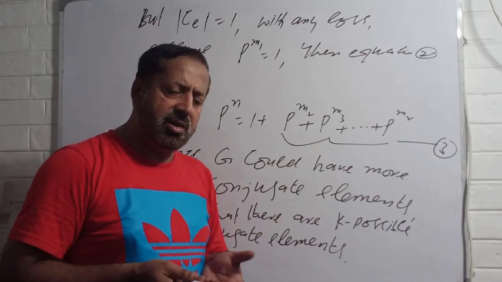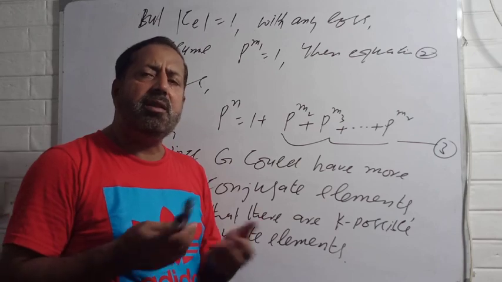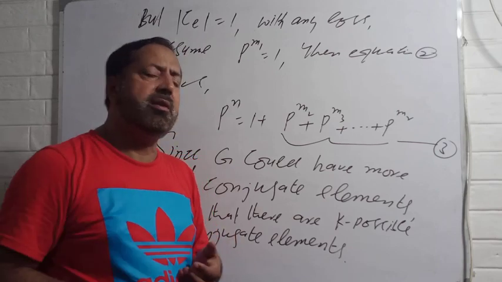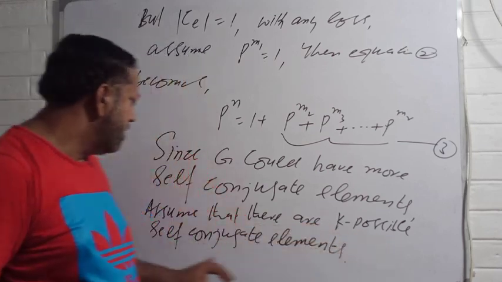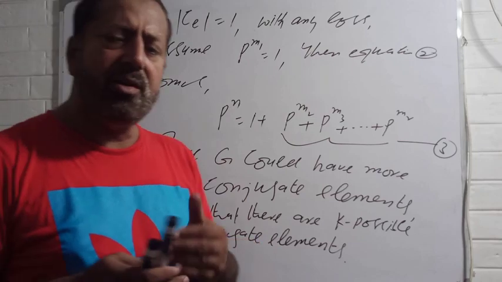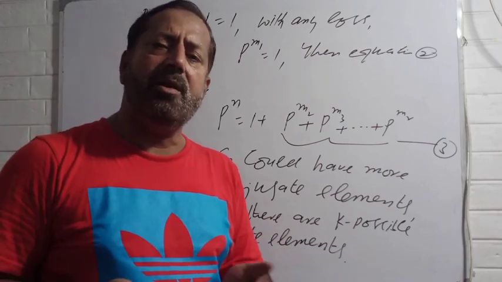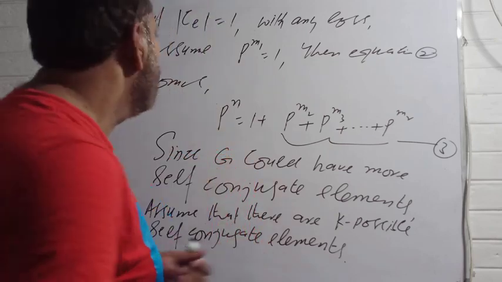The second conjugacy class is a self-conjugacy class, the third conjugacy class is a self-conjugacy class, and so on. You may have k possible self-conjugate elements, and you know that a self-conjugate element is not containing any other element other than that element itself.